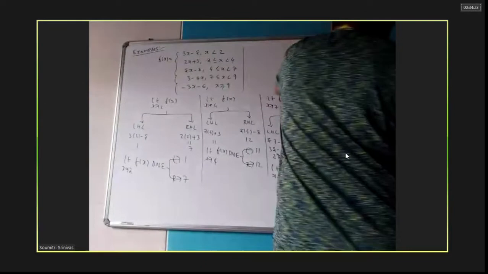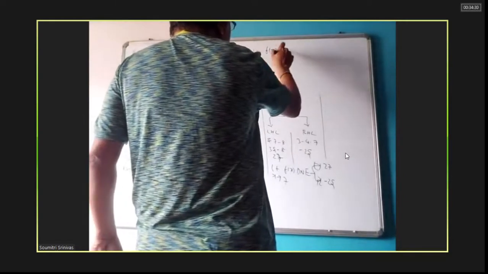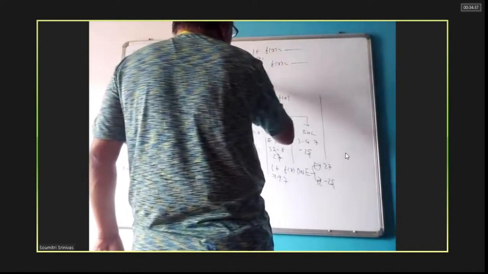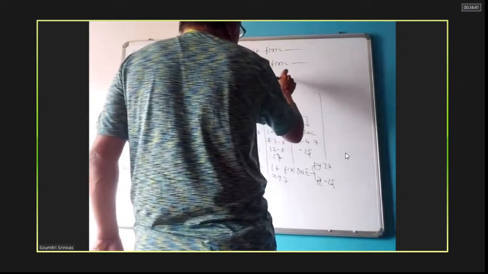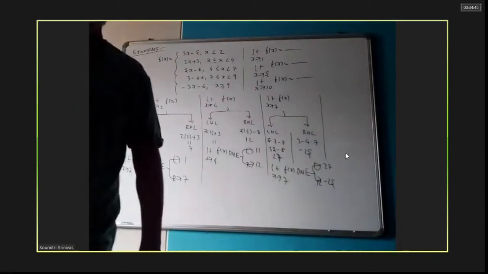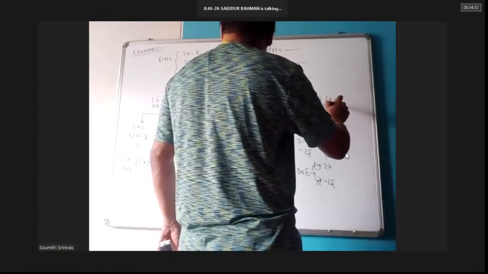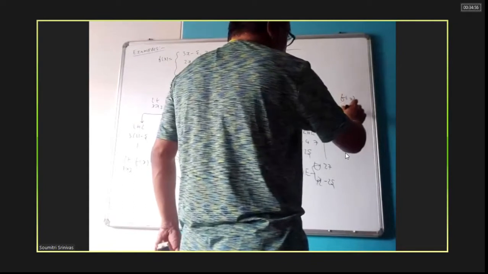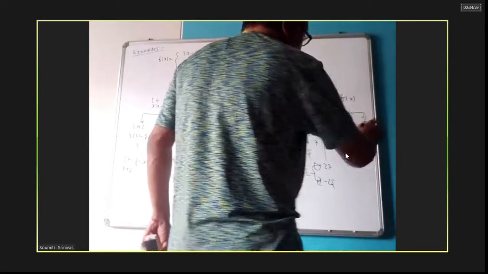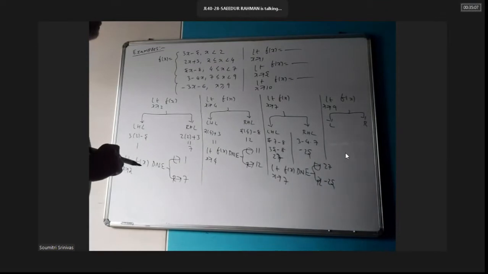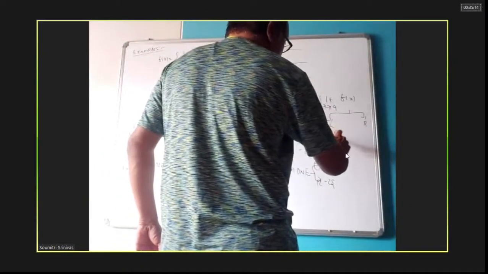Add two more here, and add 3. And what about the last one? Limit as x tends to minus 3 of f(x). What is the left hand limit? 3 minus 9 into 4, 3 minus 36, minus 33.